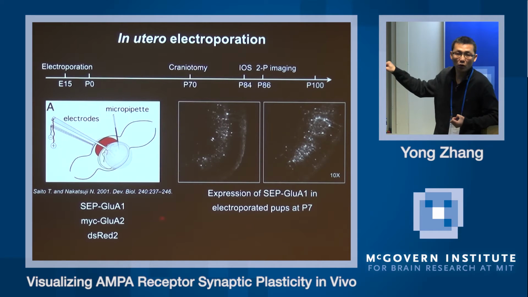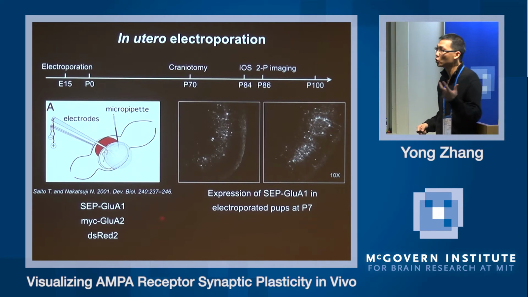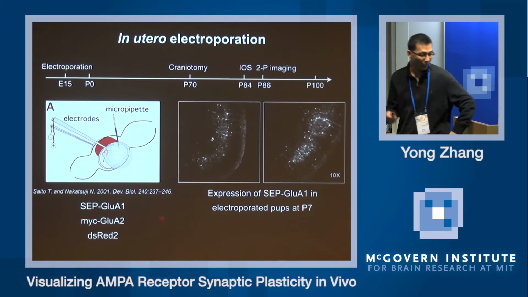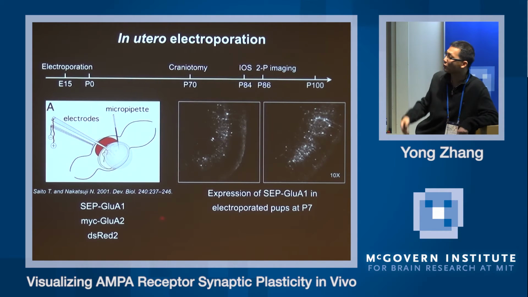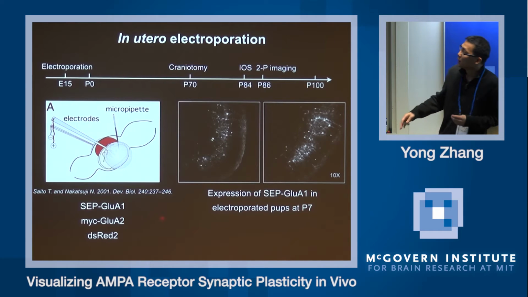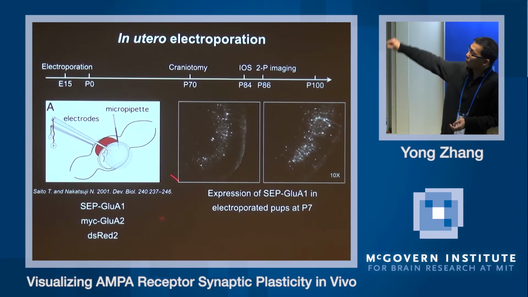The neurons will then be transfected with the DNA of interest. Then you put the embryos back into the mom and wait for the pups to be born. In our study, we are targeting layer 2-3 pyramidal neurons in the cerebral cortex, so we do electroporation at roughly E15.